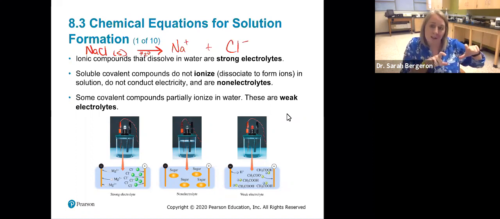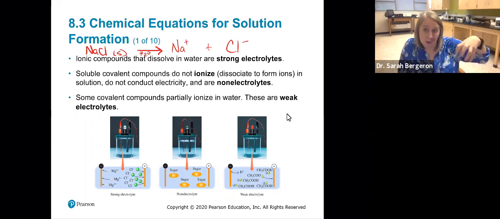Because those ions can complete an electric circuit, and so electricity will flow through the ions inside of the water. That's why, if you're in the pool and it's lightning, everybody gets out of the pool. If lightning strikes the water, everybody in the pool will get electrocuted.